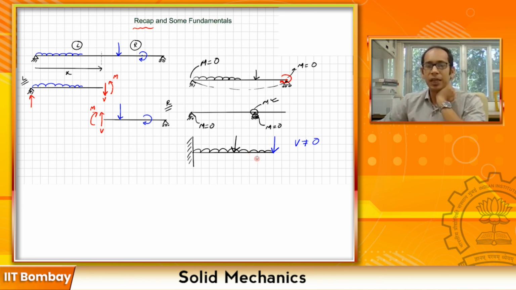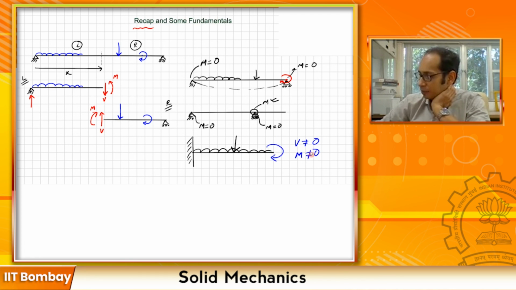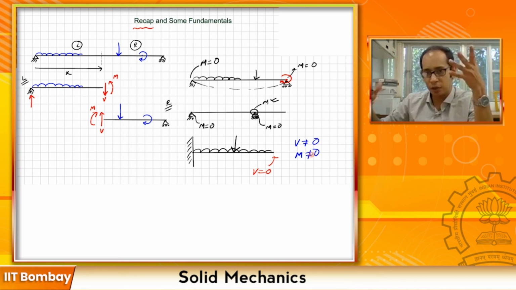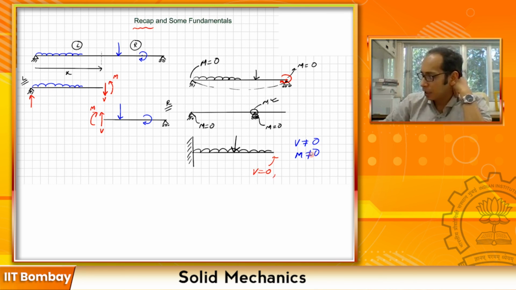Similarly for the cantilever, if your cantilever end is free, that is, at the end of the cantilever you do not have an applied force, and if you do not have an applied moment over here either, then you have a completely free end, and you're not applying any external forces over here, then you will have V equals to 0, M equals to 0 over here, right?